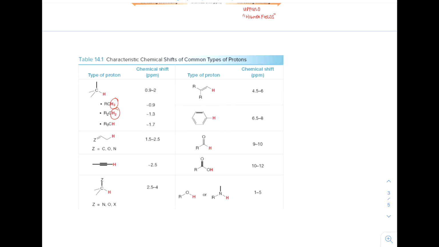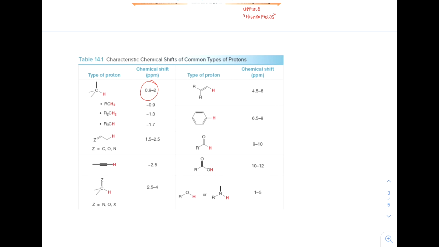So we can have 3 hydrogens, 2, or 1, meaning we have either a primary, secondary, or tertiary carbon, and as you can see, we have the chemical shift moving down, and that's just something you're going to have to note. As you can see also, they are pretty close if we're considering the whole spectral range, meaning 0 to 12. Basically 1 to 1.7 is not much of a difference, and so basically what we're looking at is 0.9 to 2 for the hydrocarbon hydrogens, right?